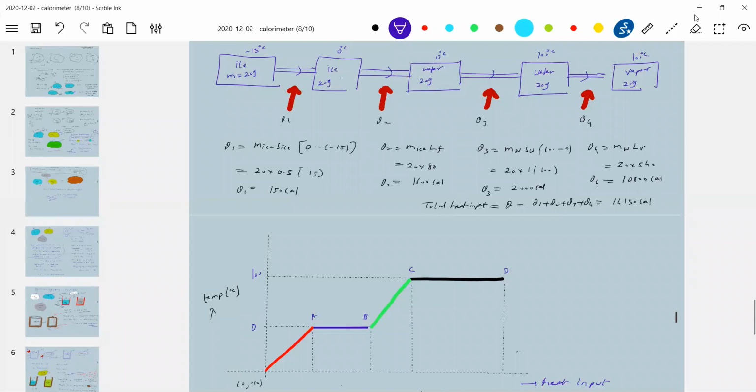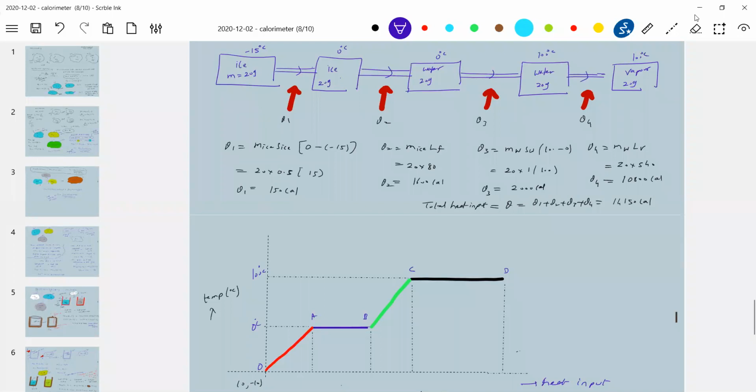If I take the slope of curve OA, what should it be? OA is where the temperature of ice is increasing.